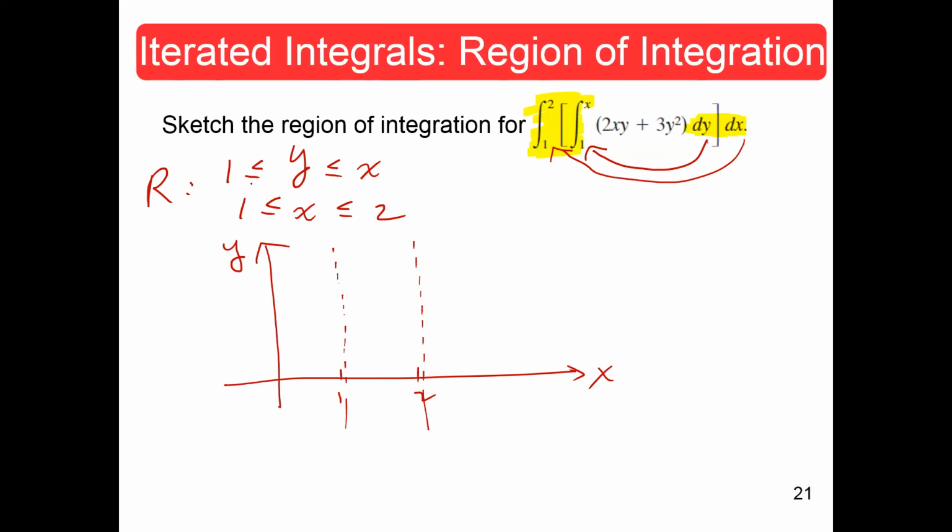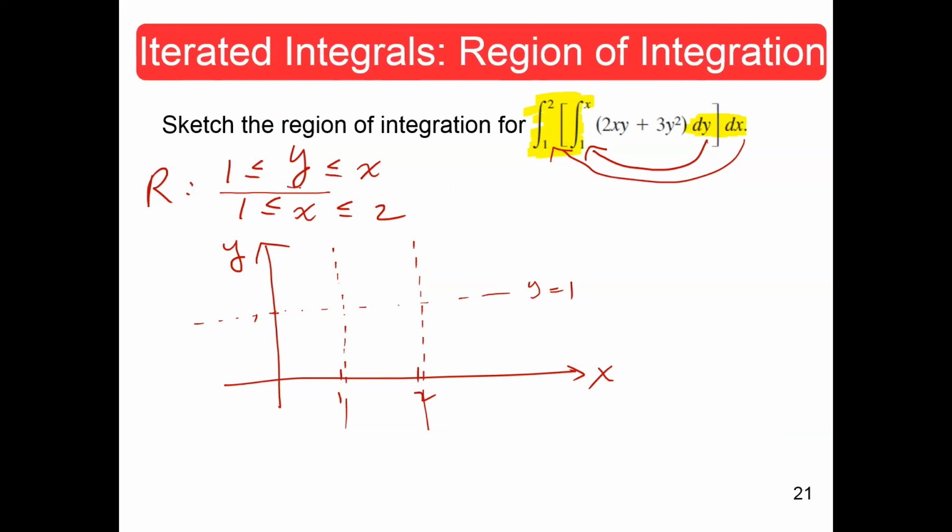So y is greater than or equal to 1. First of all, let's go to y equals 1. That's just going to be a horizontal line, right? So horizontal line at 1. And secondly, you have y less than or equal to x.